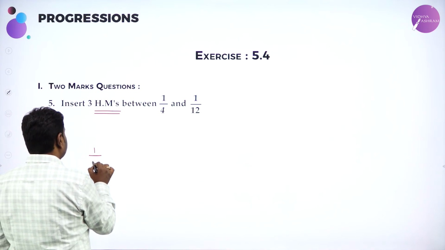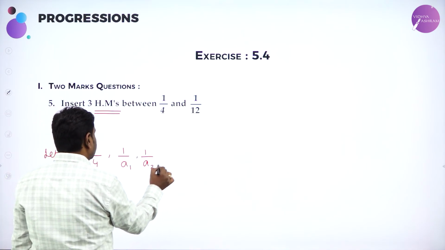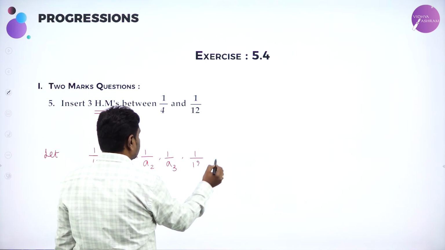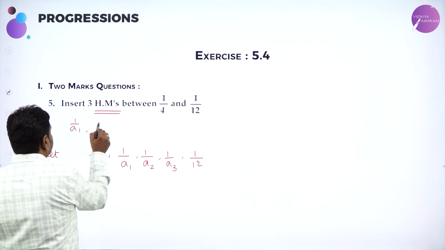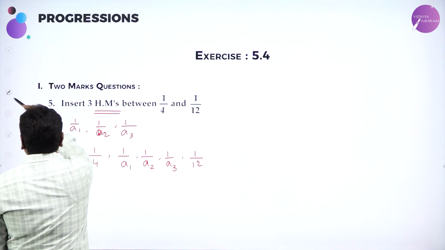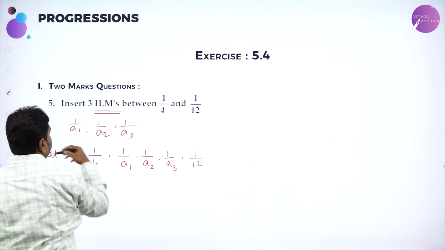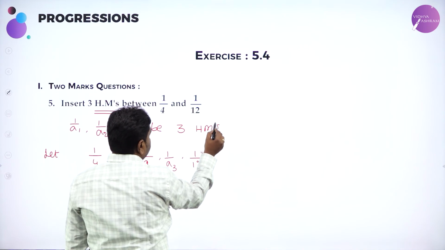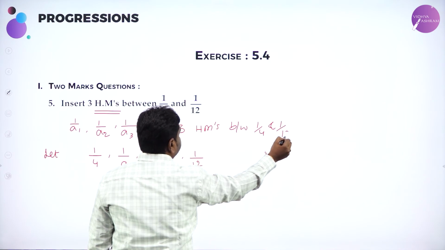They give 1 by 4, comma, 1 by A1, 1 by A2, 1 by A3, comma, 1 by 12. Let 1 by A1, 1 by A2, 1 by A3 be 3 HMs between 1 by 4 and 1 by 12.